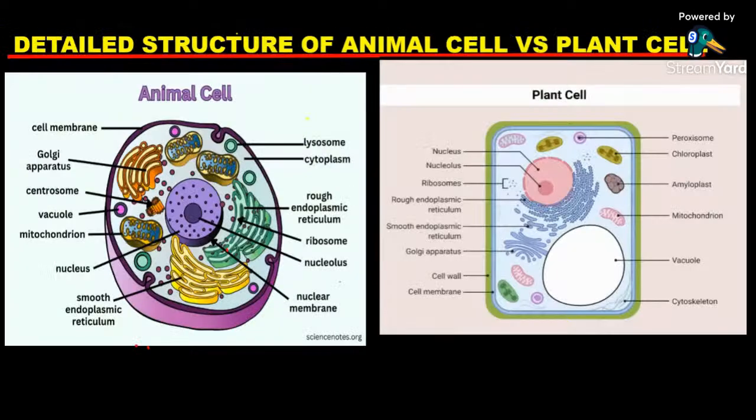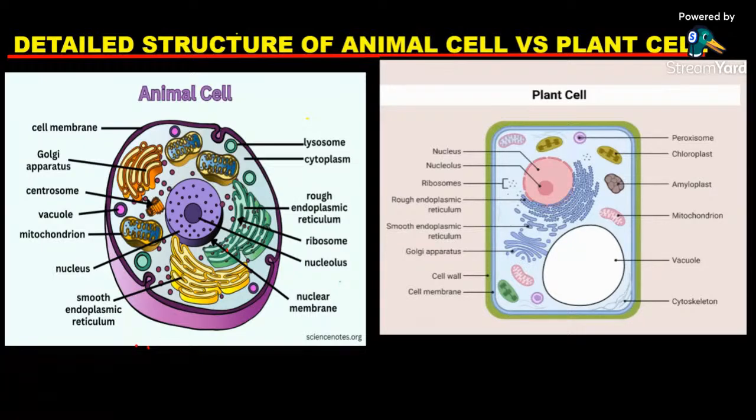So we can proceed now to look at the detailed structure of plant and animal cells. As you can see, we are looking at the one that is magnified under the electron microscope. Under the light microscope, we are just able to see the simplified parts, but when you view it under the power of the electron microscope, you are going to see even structures that you are not able to see under the simplified one.